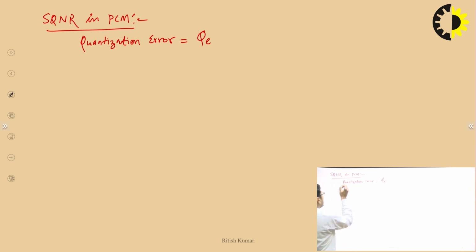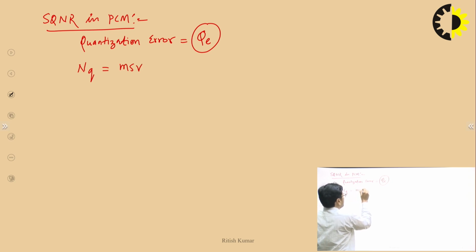If you have the power spectral density of the QE, then you will get the quantization noise power by taking the mean square value of the quantization error. So NQ, quantization noise power, is equal to the mean square value of QE.